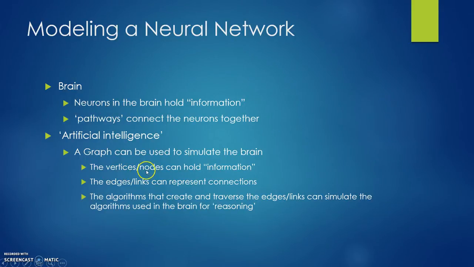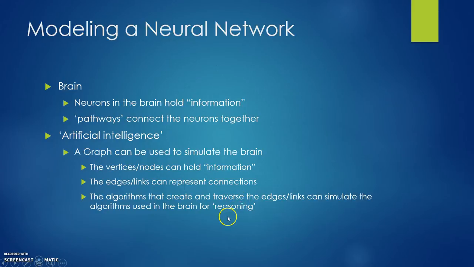in terms of the vertices or the nodes in the graph. So that's what holds the information. The pathways can be the edges and the links. Well, actually, an edge or a link would be connecting two vertices together, and then a pathway would be a series of edges to collect a series of pieces of information together.